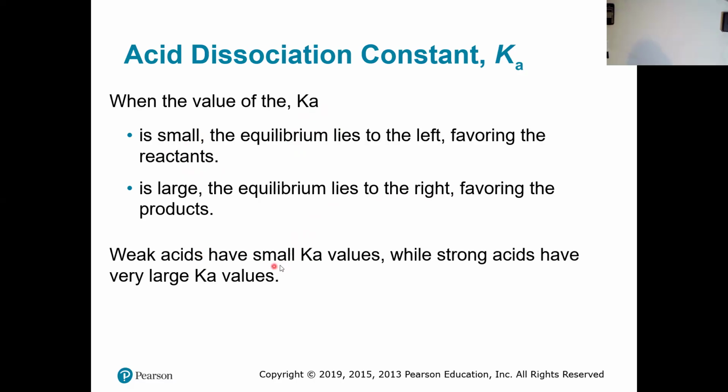Your weak acids will all have small Ka values, so they're all going to lie to the left on that equilibrium scale and favor your reactants. Your strong acids are going to have Ka values that are very large, so large that we're not going to have to worry about calculating them. They're all going to favor the production of products, because strong acids are going to have 100% dissociation.